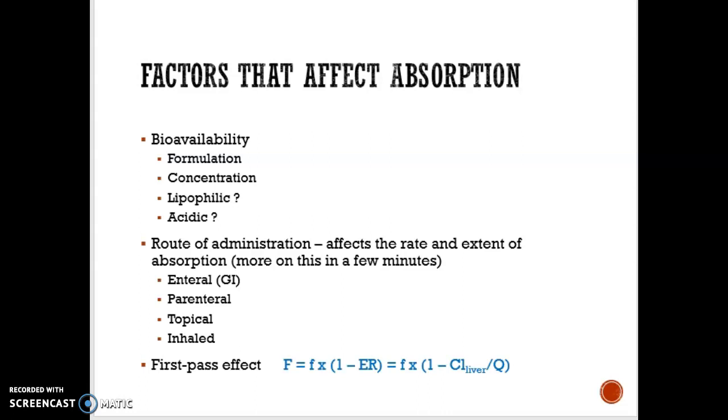It's limited by the amount of the first pass effect. And so the magnitude of this you'll see is expressed in that equation. You will not need to know that equation. However, you will need to realize that any medication that you give through the enteral or GI route is going to be affected through the first pass effect.